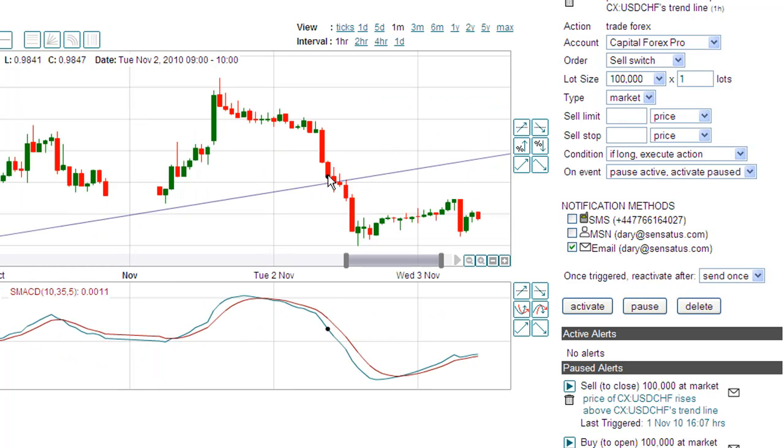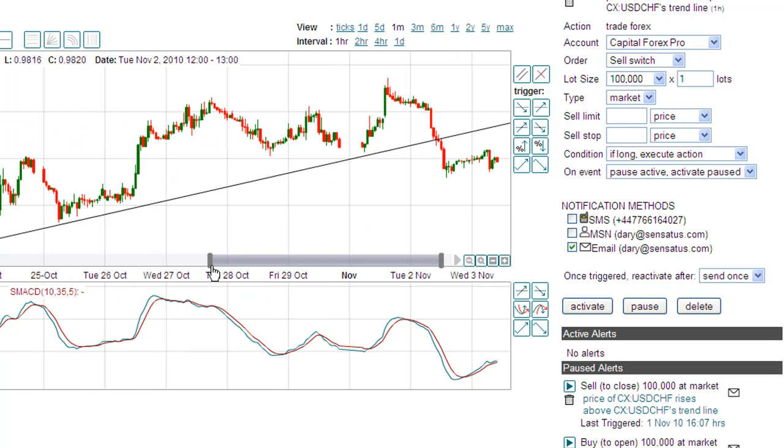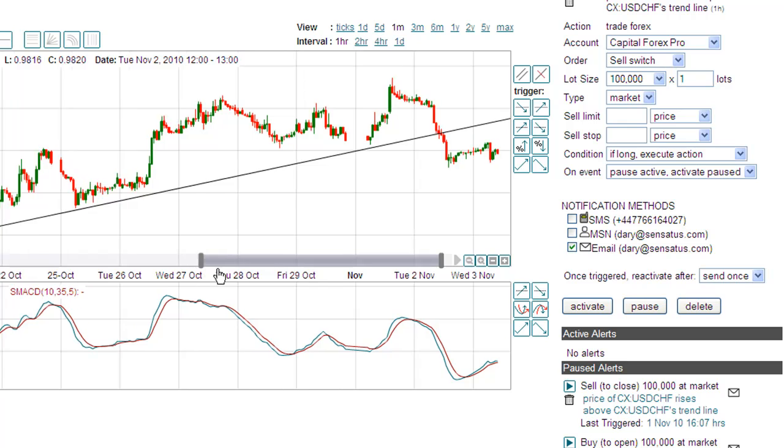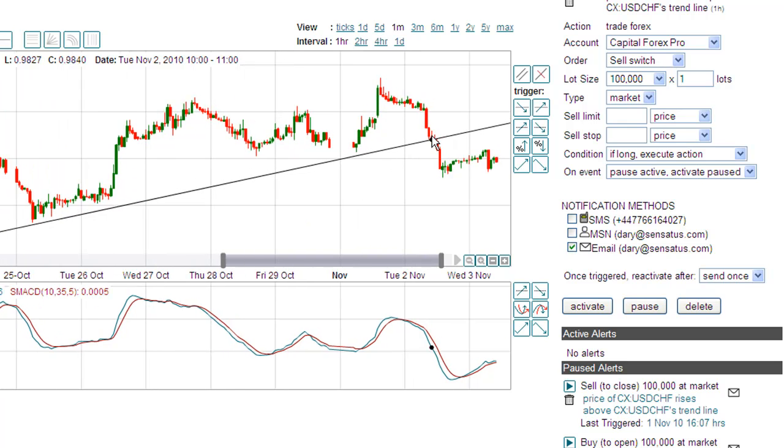we had bought about this point, and I had an alert based trade set up that if the price falls below this trend line, I want to switch, so that is sell to close any long position and then sell to open a short position.